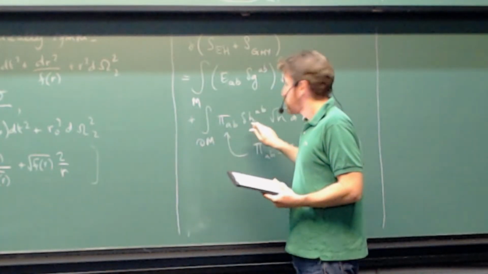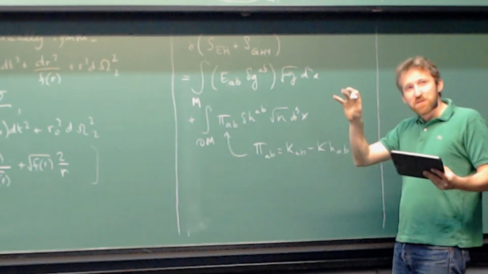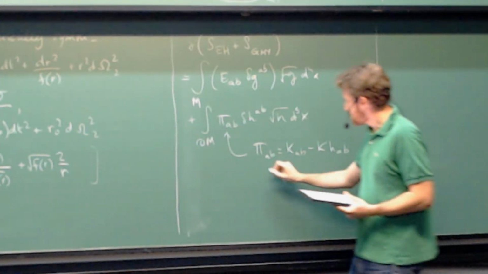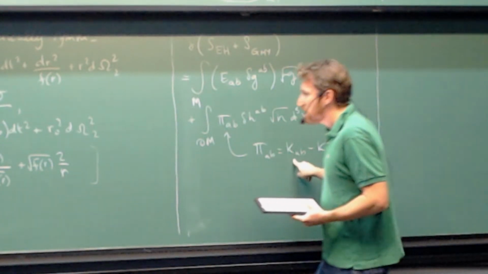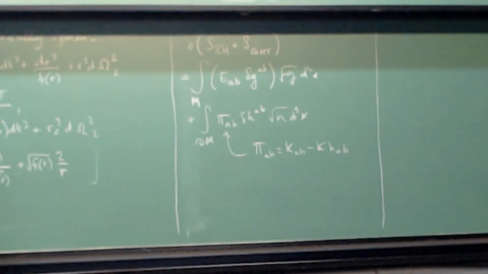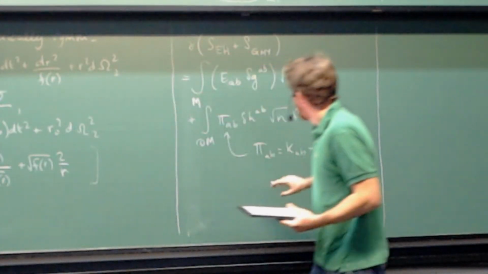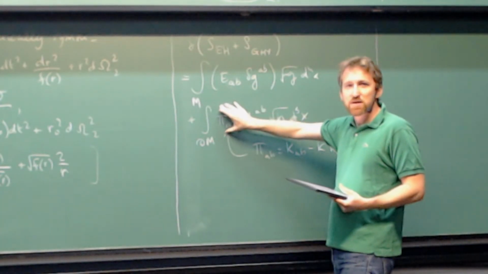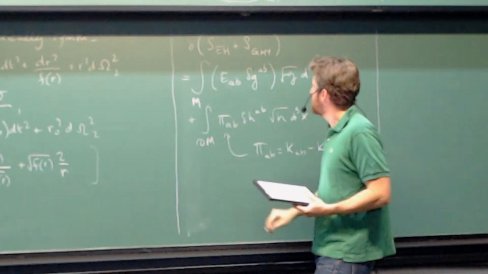Or I can fix the derivative, in a sense, of the metric, which is this tensor here. And if I fix the derivative, why is it a derivative? Because K is a Lie derivative, so it's a derivative of the boundary metric. So I can fix either Dirichlet or Neumann boundary conditions, and in both cases, the variational problem is well defined.